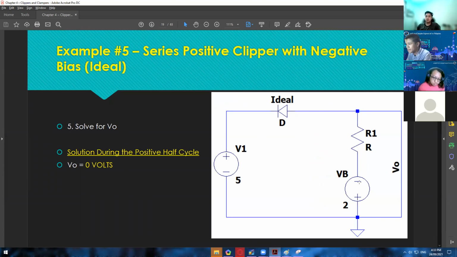So ito, negative to positive and then positive to negative. Alright? So are we clear on how we got this VO right here for the positive half cycle? Okay, so I hope the others were able to get this one also.